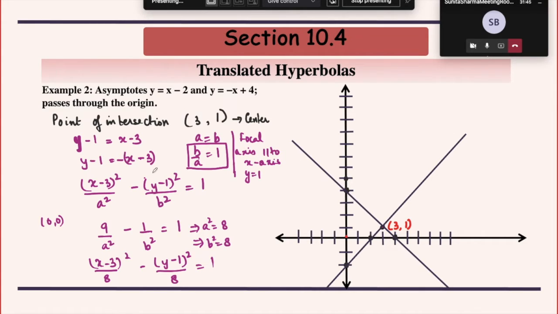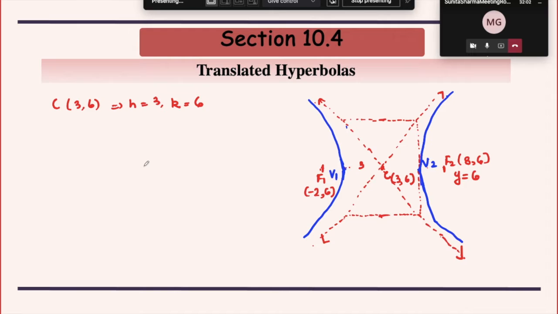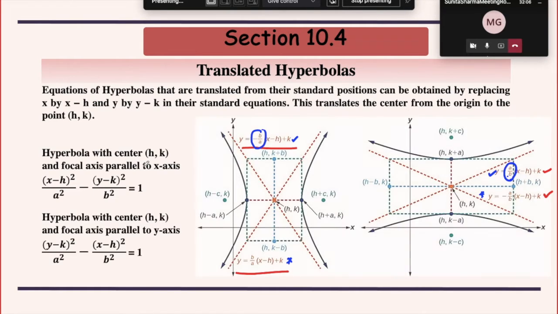Now next thing which we get to know is the values of A and B. What is the relation between A and B? Since your asymptotes are these two, we will write them in this form. So if I just go back again, here if you see, when your axis is horizontal, this is our situation.